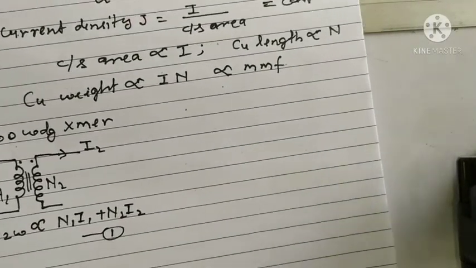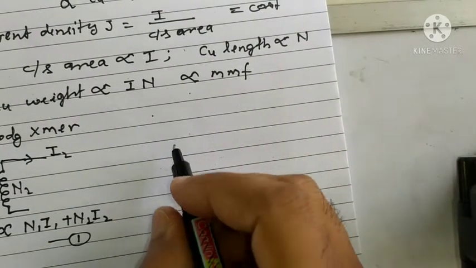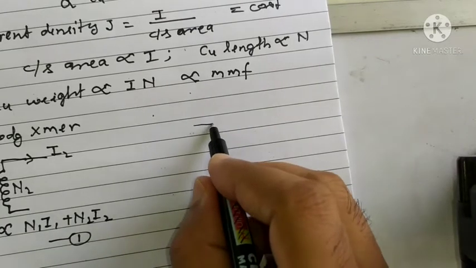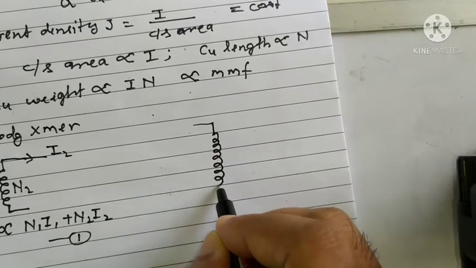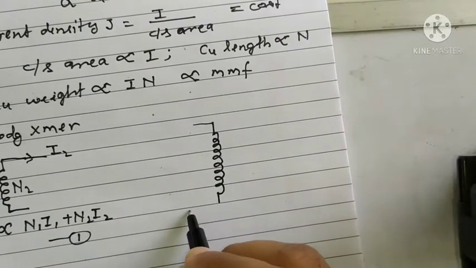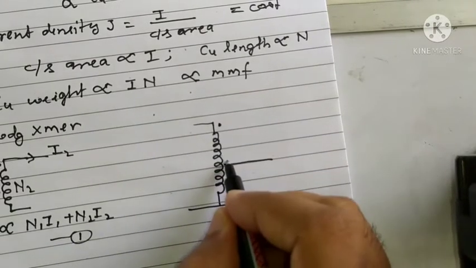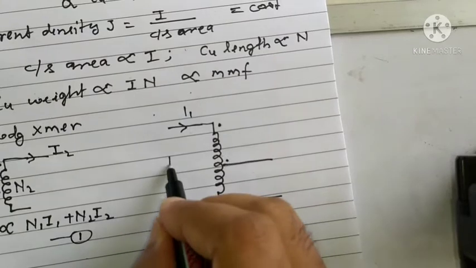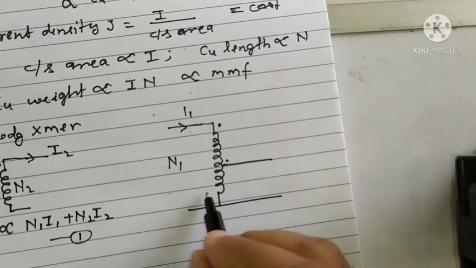Now let me take any auto transformer, that is step up or step down. So let me take first a step down auto transformer, say this one. Here current is I1, number of turns are N1, right?